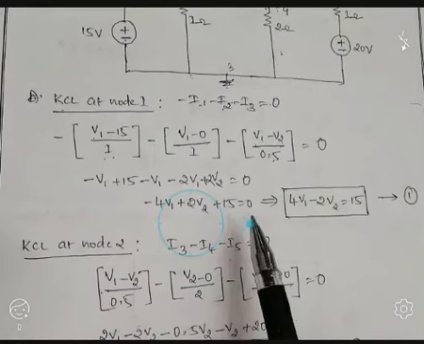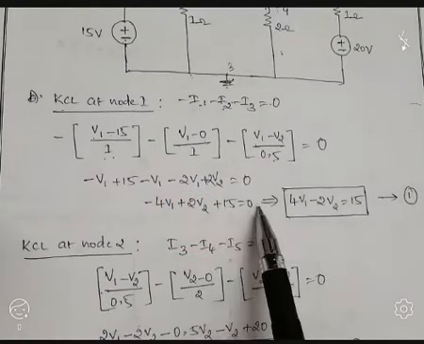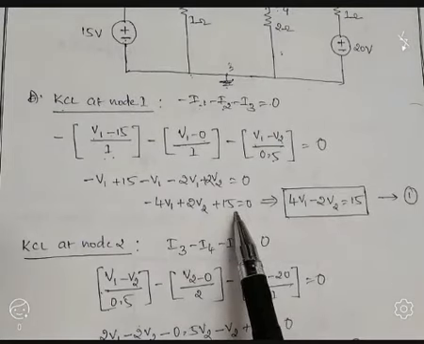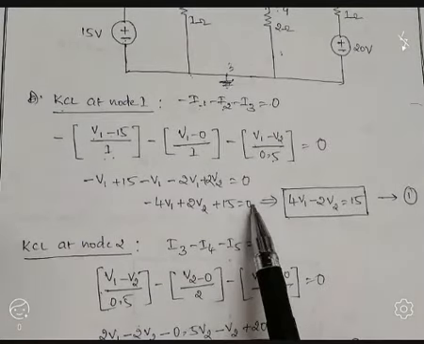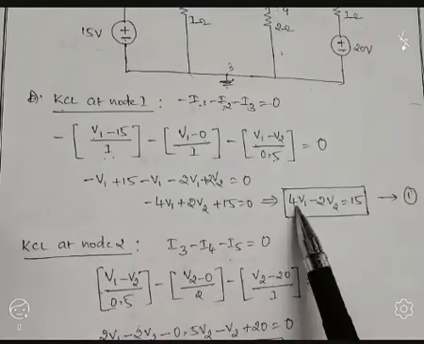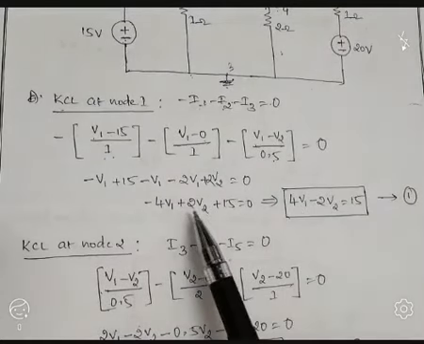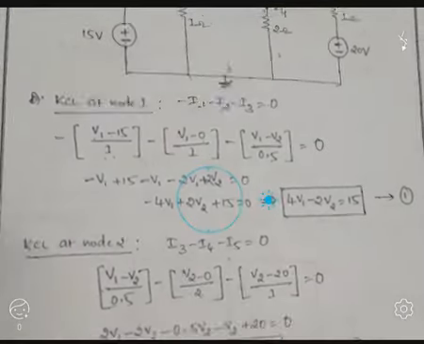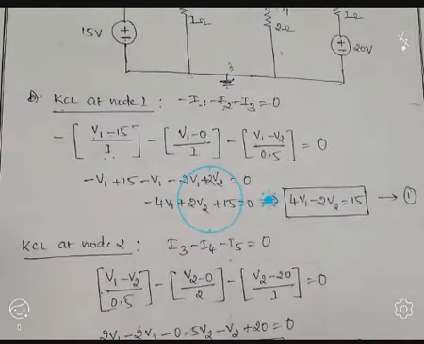I will take this 15 to the right side of the equal sign, where it becomes minus 15. Now multiply the entire equation by minus 1, so it becomes 4V1 minus 2V2 equal to 15. Let us label this as equation number 1.